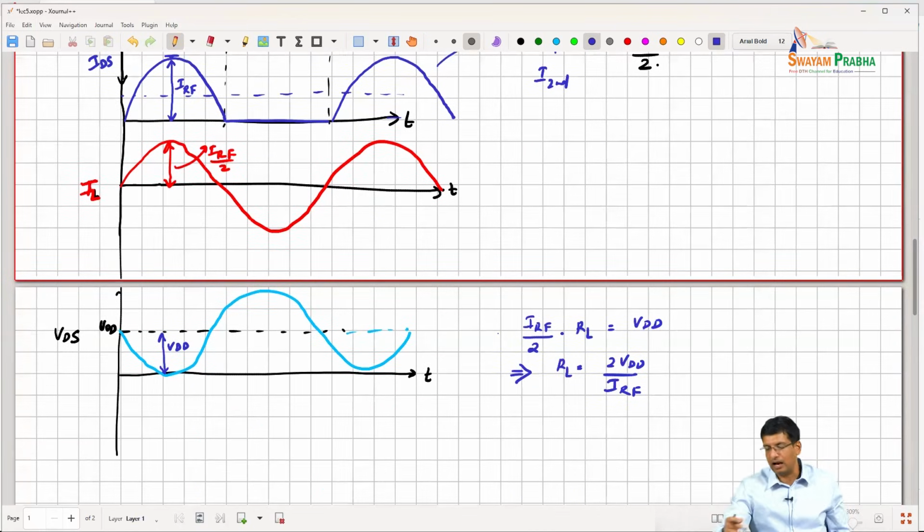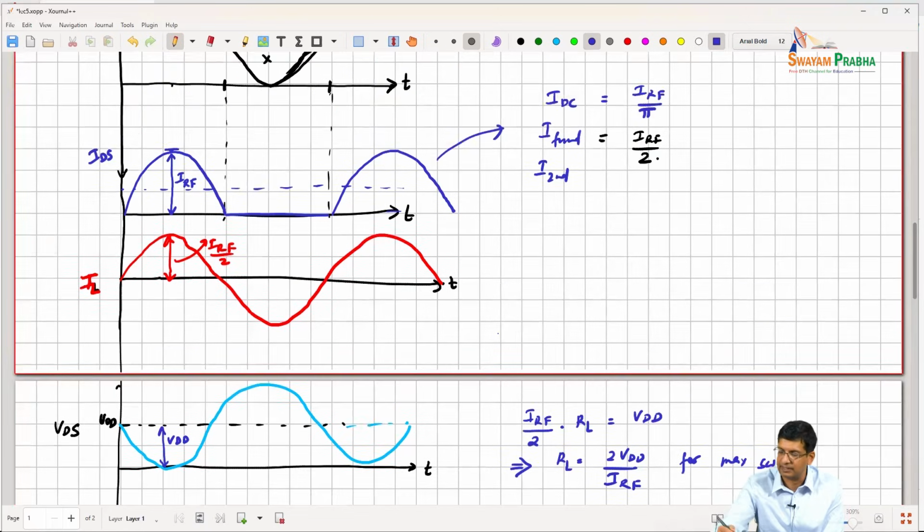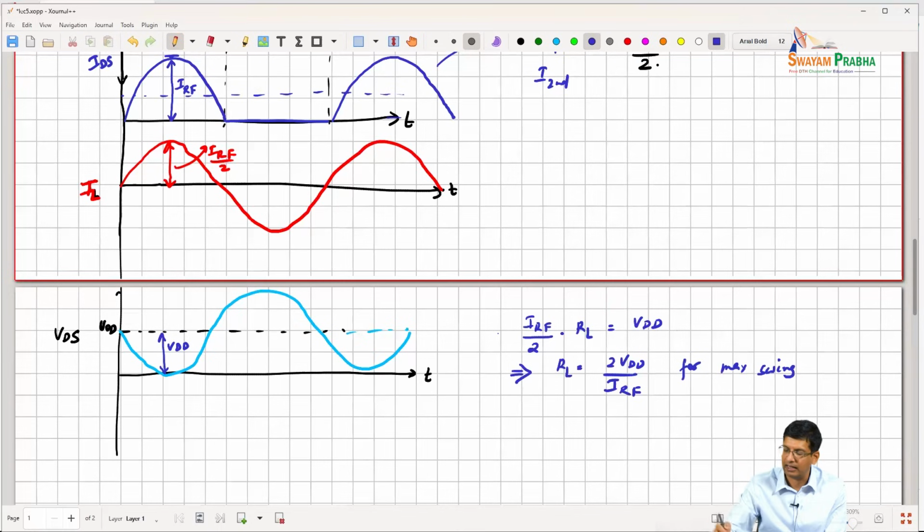And now that I have done this, I can find out in this optimal scenario, for max swing, that my fundamental is IRF divided by 2. I know my DC is IRF divided by pi, and I know what the optimum load resistance is that I need.